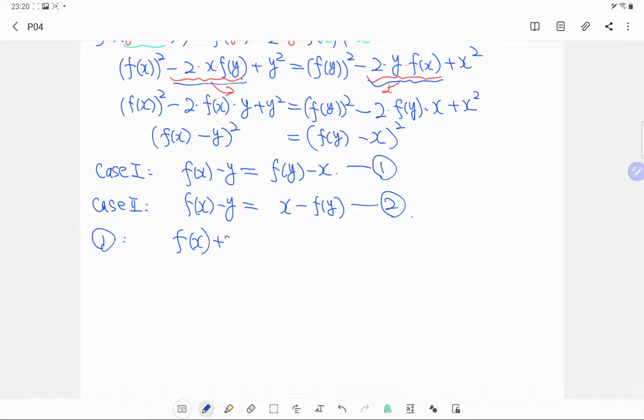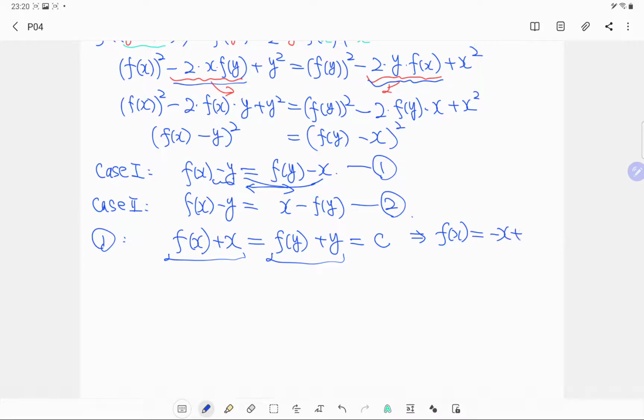So we have f(x) + x equals f(y) + y. In this case, the left hand side is a function of x and the right hand side is a function of y, which means that they should be equal to a constant. Which means that here we have f(x) should be -x + c.